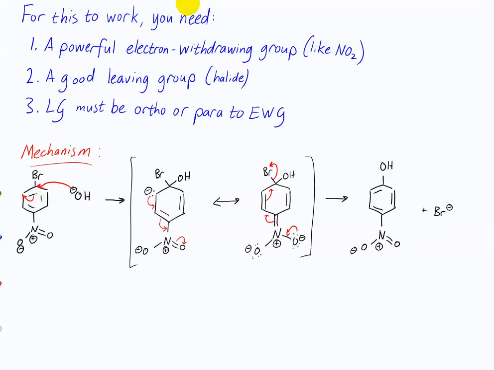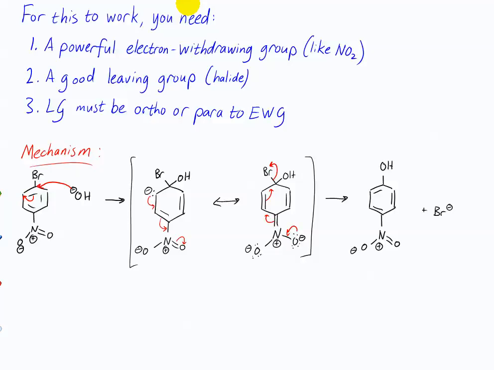All right, one other thing you might notice from this mechanism is that you need a pretty big difference between what you're putting in as a nucleophile and what's leaving as the leaving group. Because in this final step, when you're losing the leaving group, you could imagine that either one of those things could leave, right? So the thing you want has to be a much worse leaving group than the thing you want to get rid of.